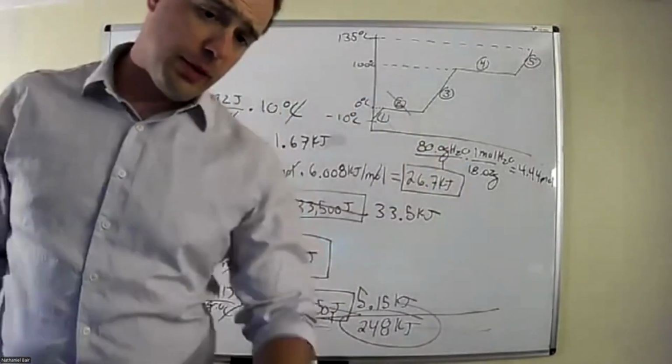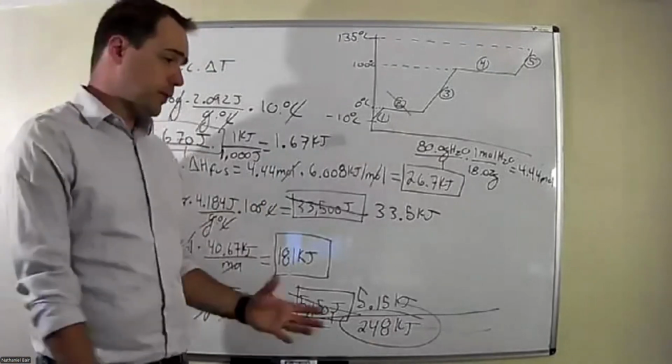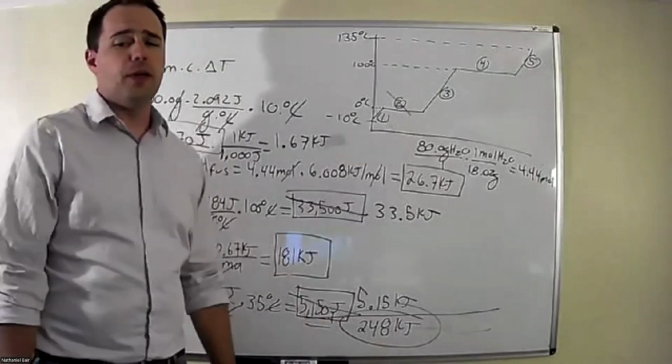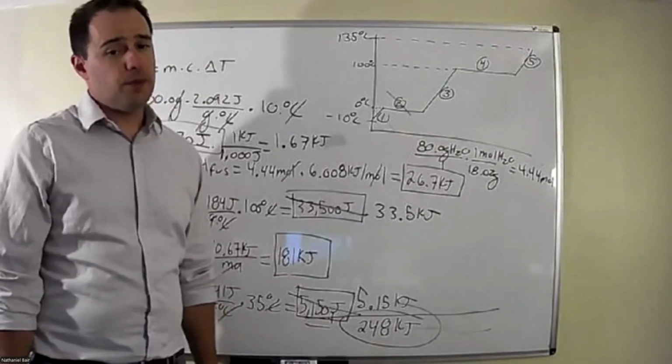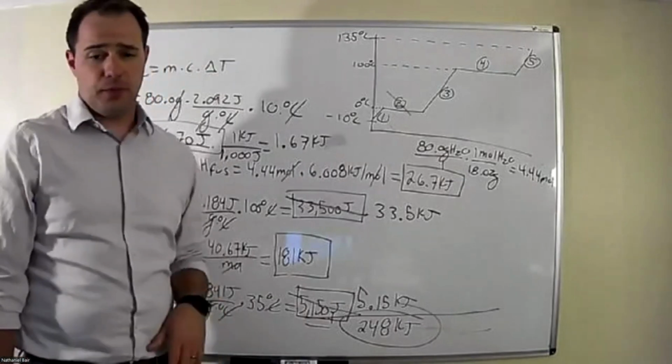So now, ladies and gentlemen, if you take an 80-gram block of ice out of a chest freezer at -10 and you put it in a pressure cooker and heat it up to 135, that's going to take 248 kilojoules of energy. Here's an interesting fact for you.